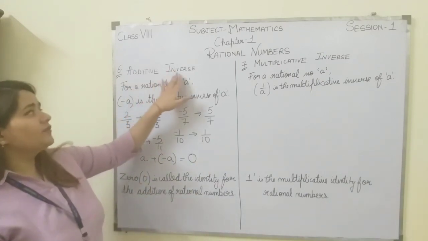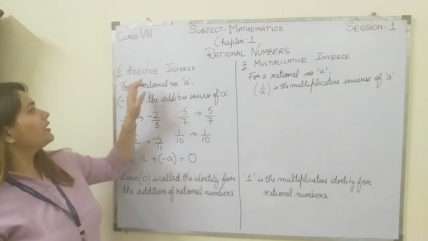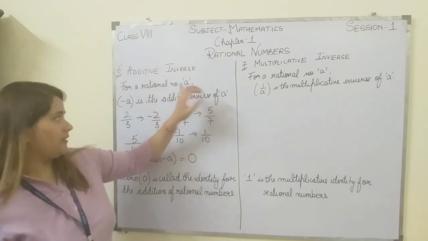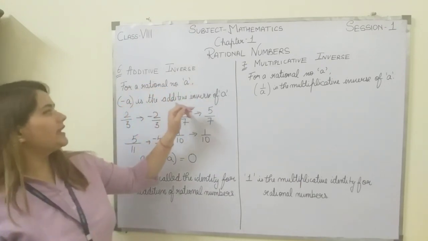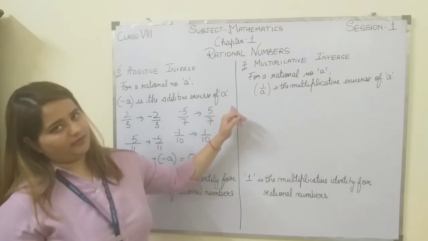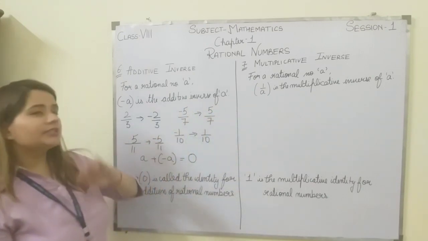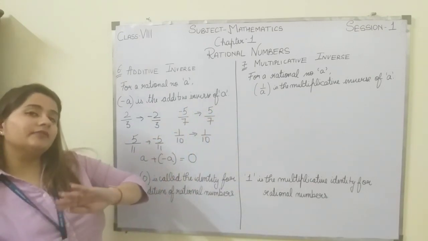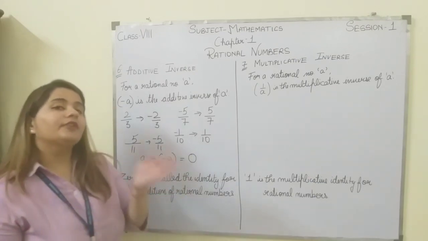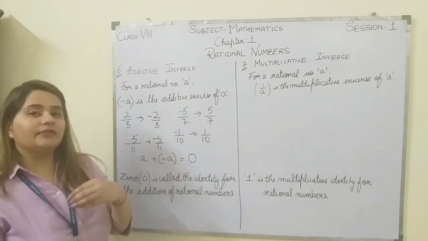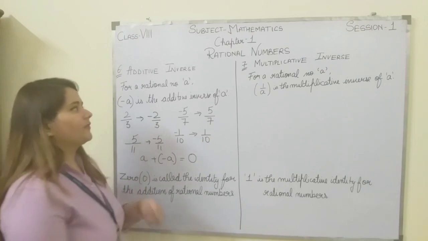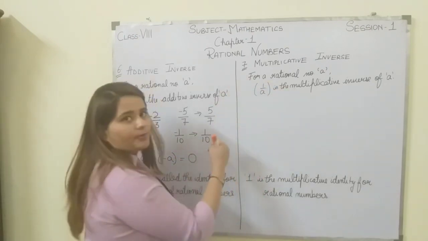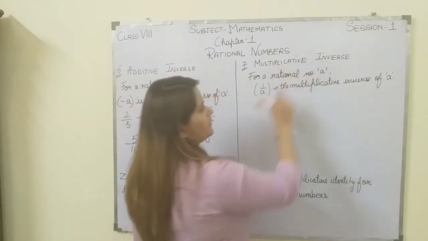So in additive inverse, we say that for a rational number A, minus A is the additive inverse of A. That means for a positive rational number, its additive inverse will be negative, and for a negative rational number, its additive inverse will be positive. Now let's come to the next property, the multiplicative inverse.